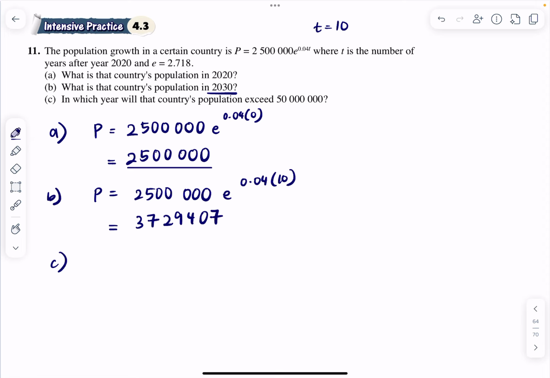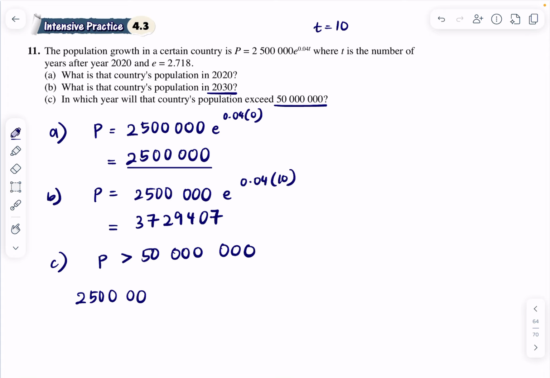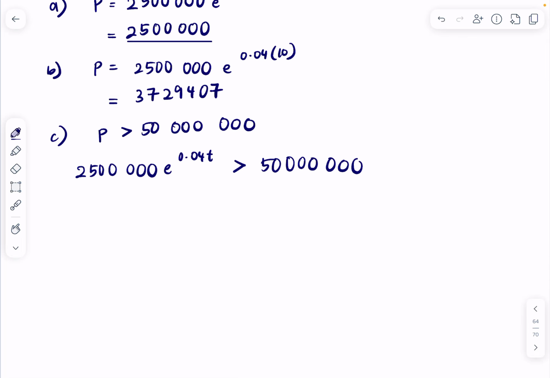Okay, next. In which year will the country's population exceed 50 million? Okay, so the population needs to exceed 50 million. So population is given by this equation. And this must exceed 50 million. Okay, so here we need to find the value of T. So first, this one we bring over this side.